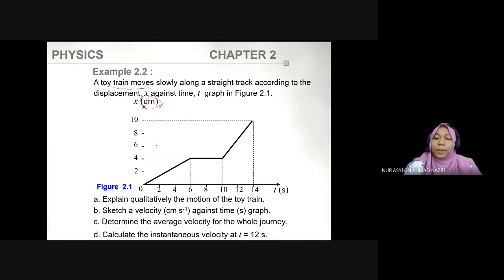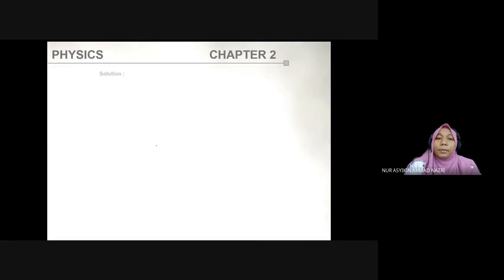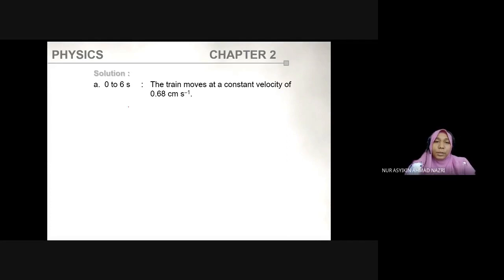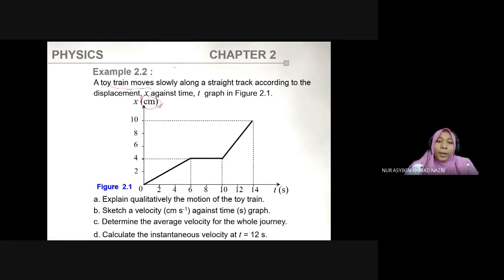Tapi to explain that, nampak tak dia macam tipu? Tadi kata kualitatif tapi ada nombor. Maksudnya kena calculate juga. Okay, so kena calculate lah kesimpulannya. Okay, why we need to calculate?